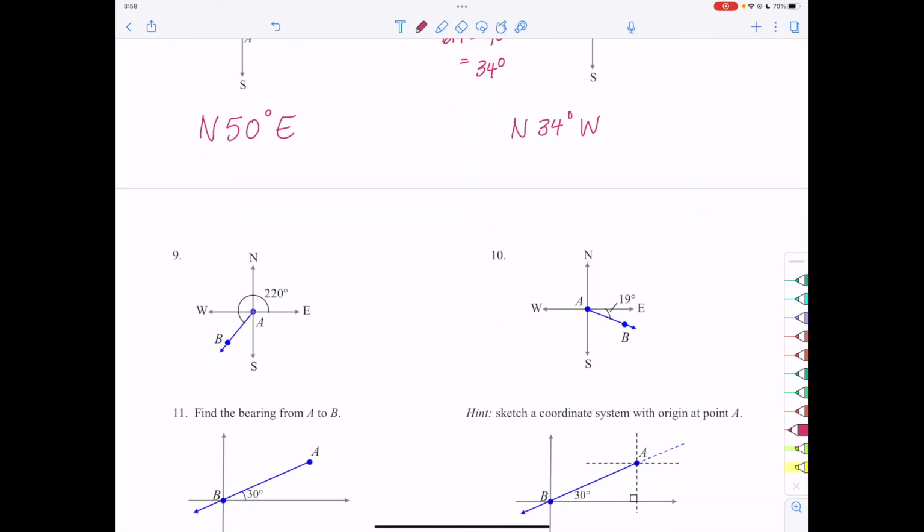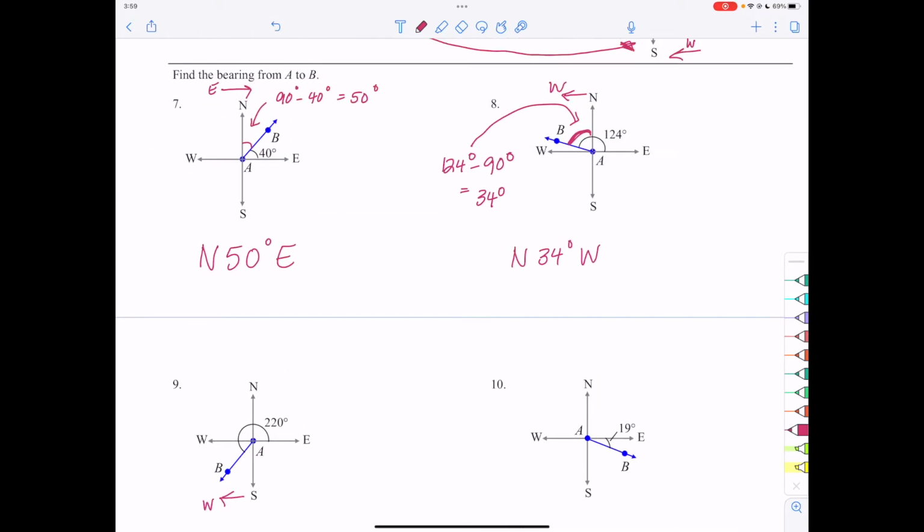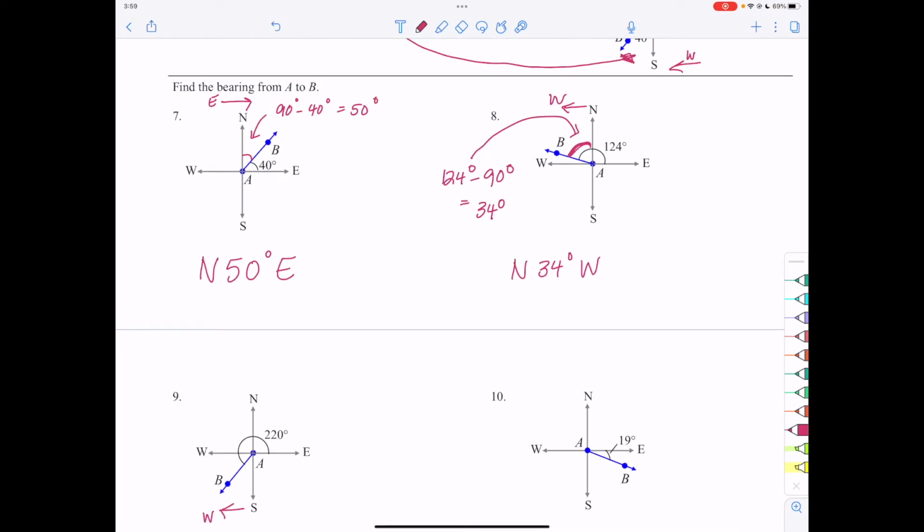Okay. In number 9, if you can kind of initially see, let's talk about what this will be when we're finished. We're going to be going in this direction towards south. So we will be moving west from south. Okay, let's kind of take a look at this.